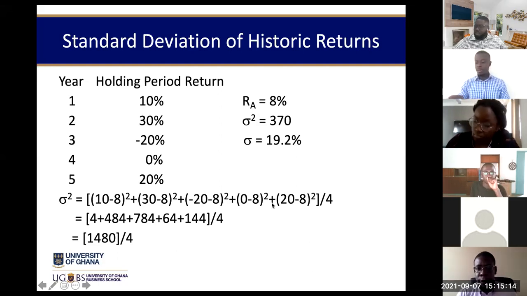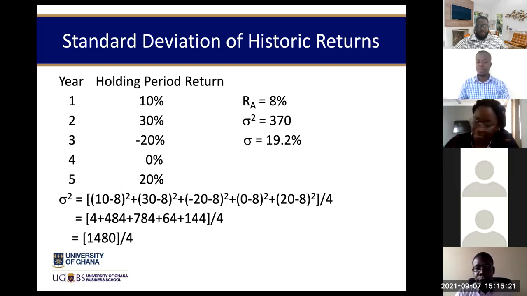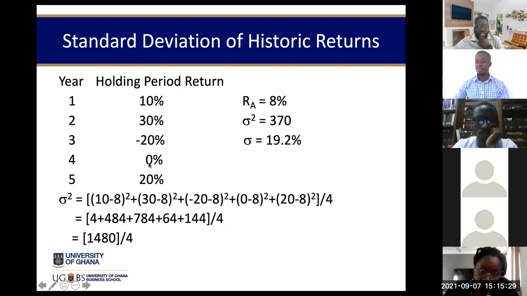What about year 4? What's the surprise? Nothing, 0? No, it's not 0. What did we expect? We expected 8. What did we get? 0. So you have 8%. It should be minus 8. Okay, minus 8.